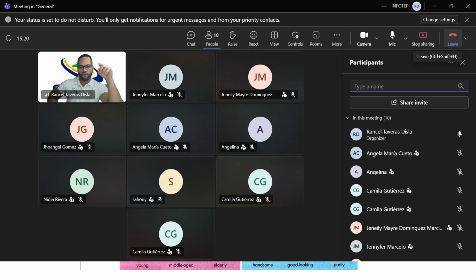Next week, we will work with unit number 10. And unit number 10 is one of the most important units in the whole series, because we're going to talk for the first time about present perfect.